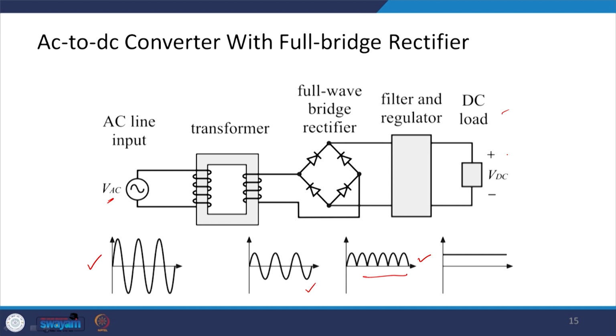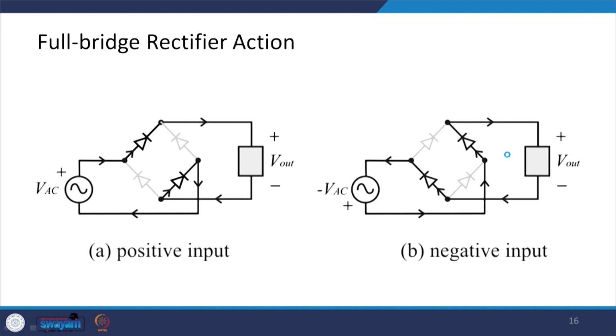Now, how does this work basically? It is simple. If there is a positive input, so this is the positive side, and the positive side is connected to the positive side, so this is forward biased, and current will be passing from here.